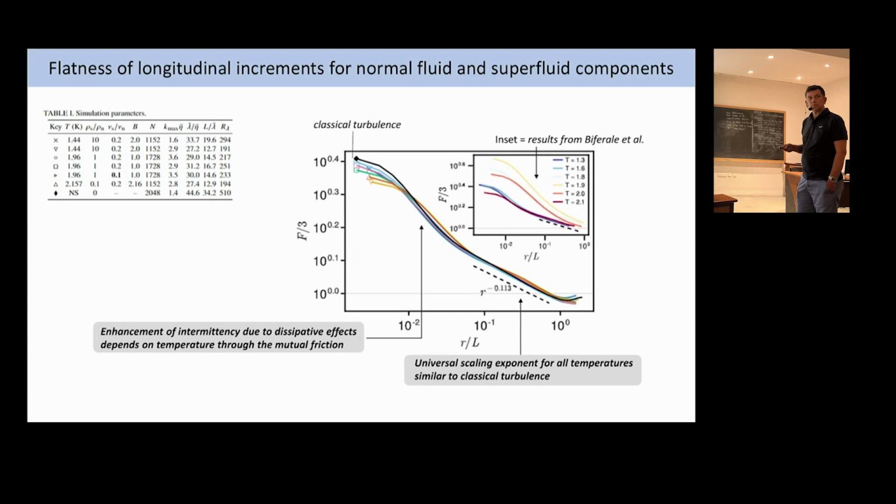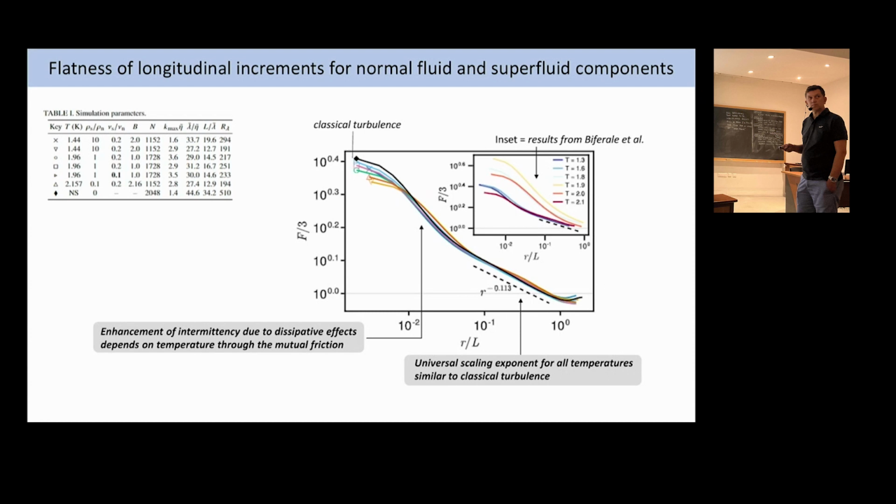By rescaling the length scale, we are able to show that all the flatness collapse on a unique curve in the inertial range, and the result is very comparable with what you get for classical turbulence, which is the black line. But when you reach the scales where dissipation comes into play, and dissipation is viscous dissipation plus mutual friction, then you get a span of the results.